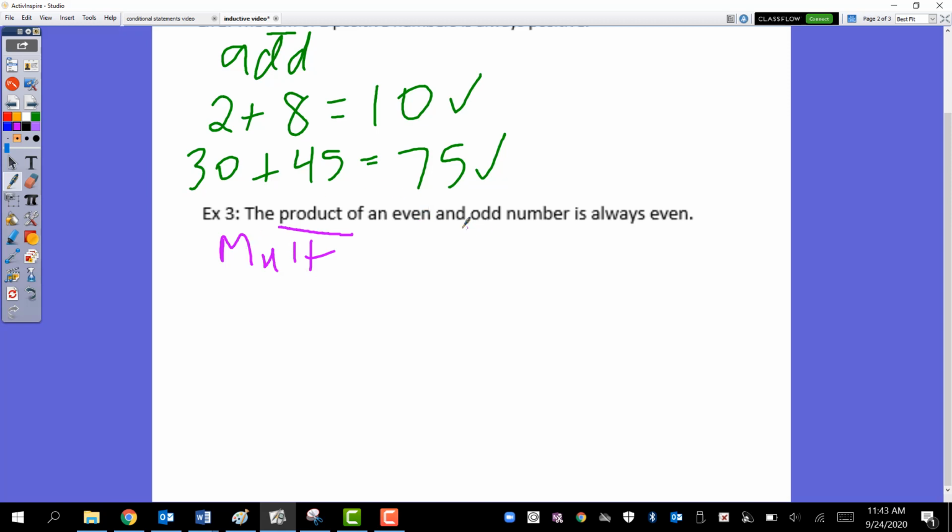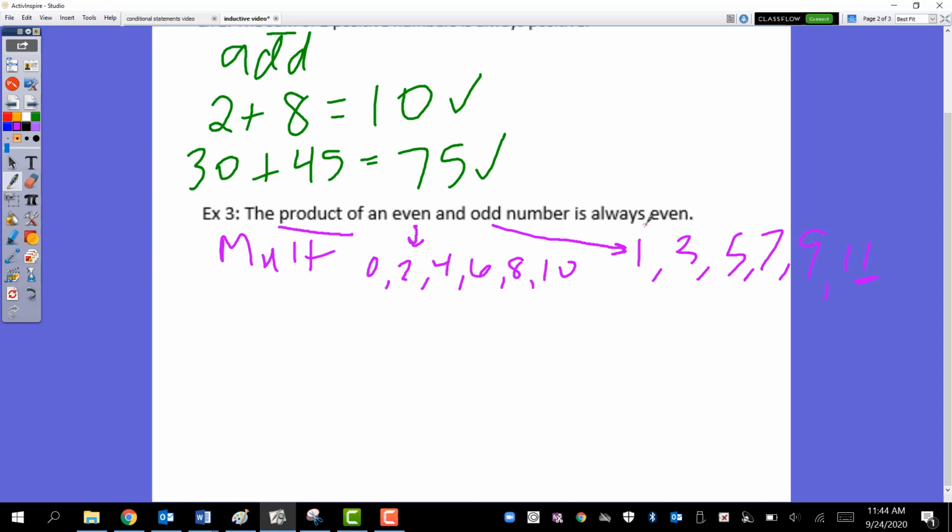Even numbers are any numbers like 0, 2, 4, 6, 8, 10, or any two or more digit number where the last number is one of these. Odd numbers are like 1, 3, 5, 7, 9, or any two-digit number that ends in one of those.